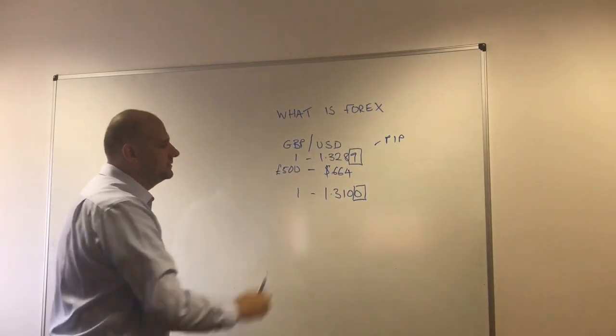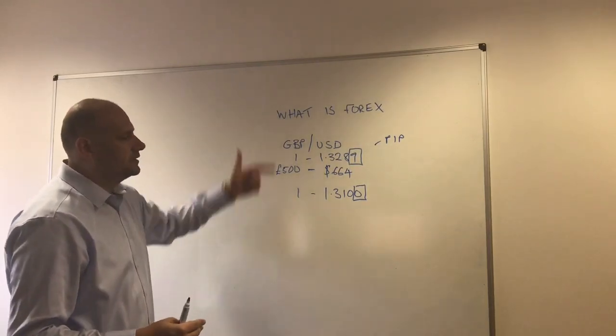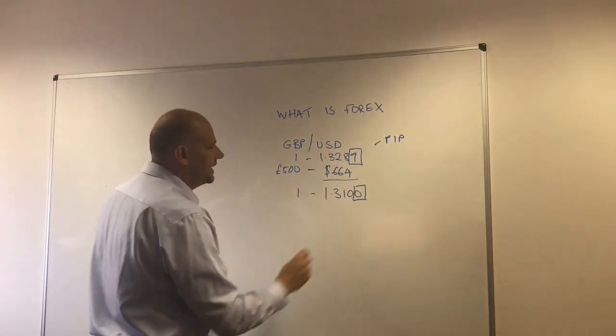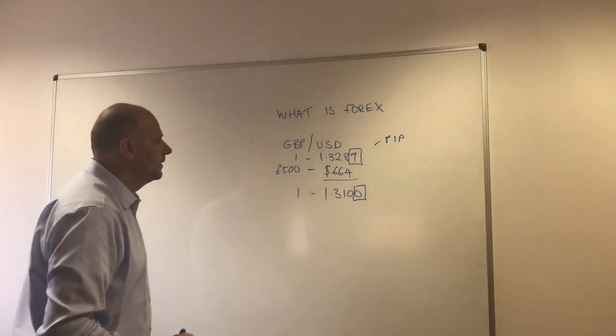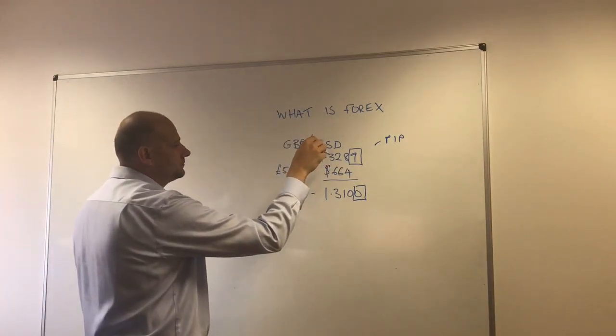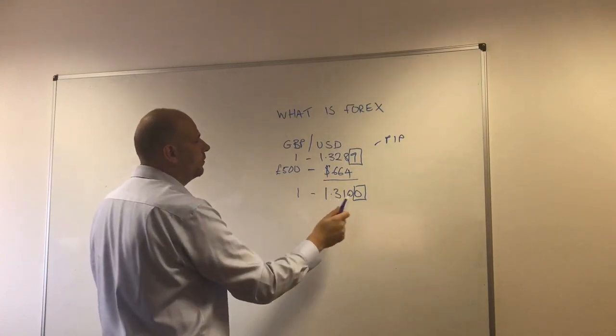But going back to this, you can see how in just normal life the Forex market is working. You want to change your $664 now back into pounds. The value of the dollar has gone down, as you can see. It's now 1.31.